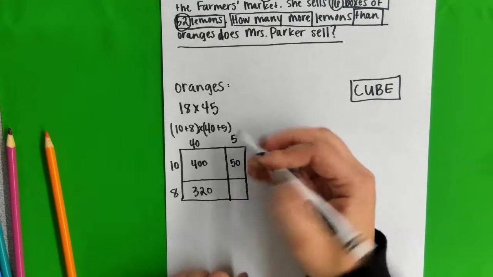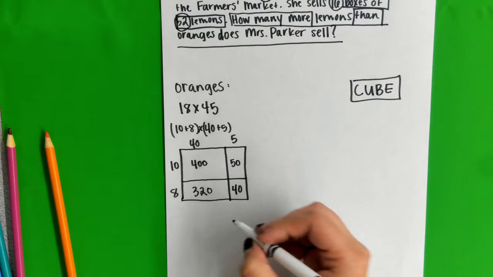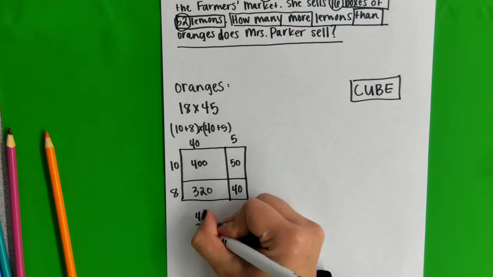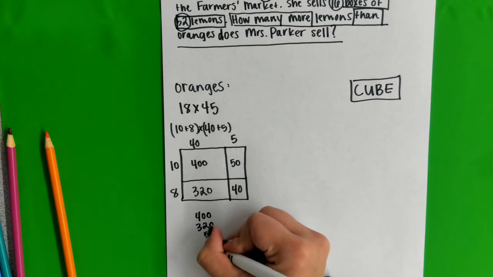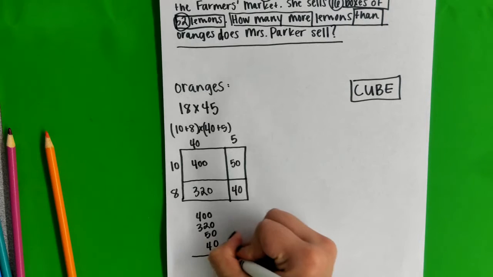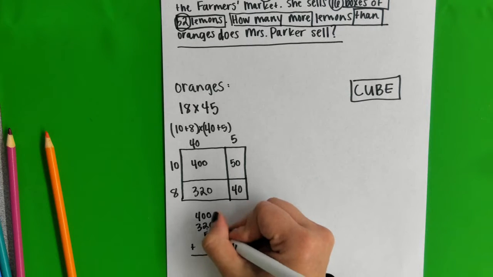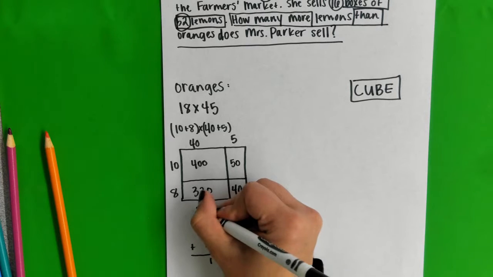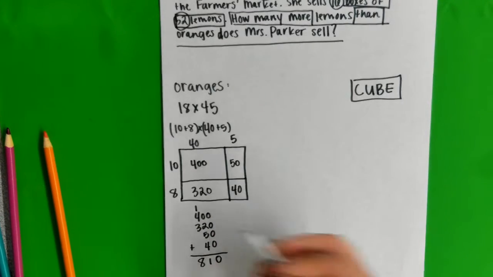And 8 times 5 is 40. And then I can stack all of these numbers on top of each other. And add them up. 7 plus 4 is 11. 5, 8. So I have 810 oranges.